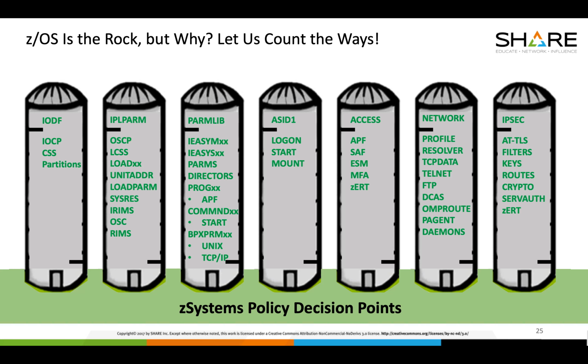Critically important, the first address space, ASID 1, the access components, APF, SAF, the external security manager, multi-factor authentication, and zERT, and then the various components of the network and the mechanisms for protecting that network.